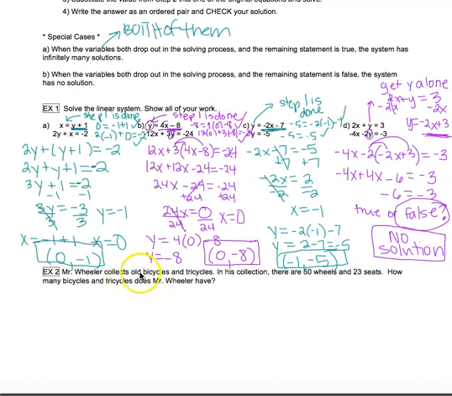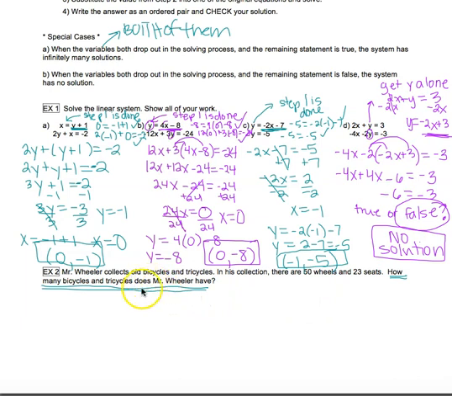Now, both a bicycle and a tricycle only have one seat, right? This is not a bicycle built for two, so there's only one seat on each of those. Notice what the question is asking: how many bicycles and tricycles does Mr. Wheeler have? We need to make sure we define our variables.